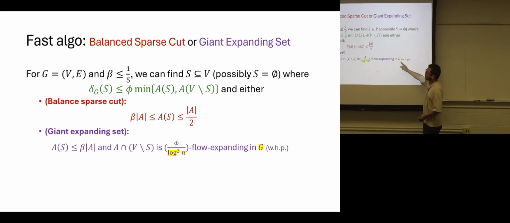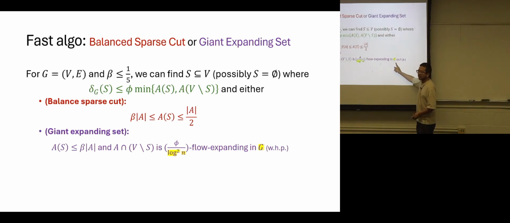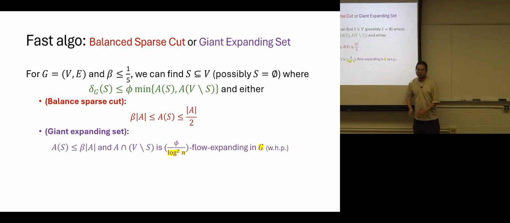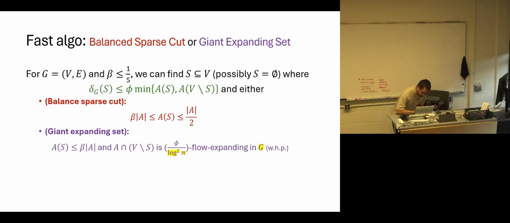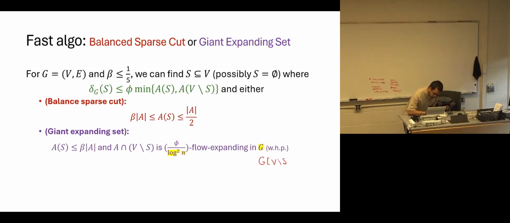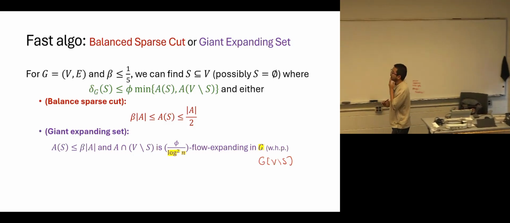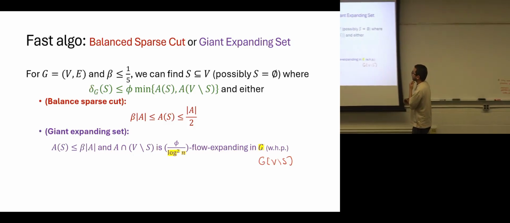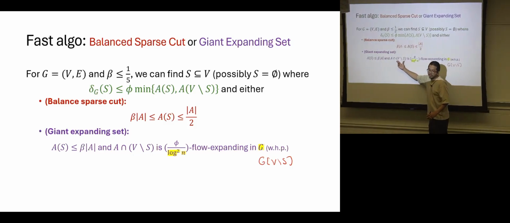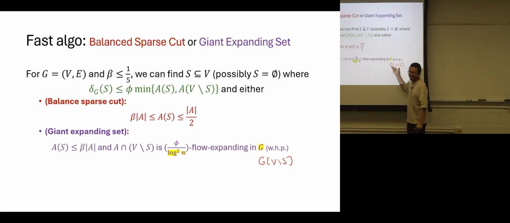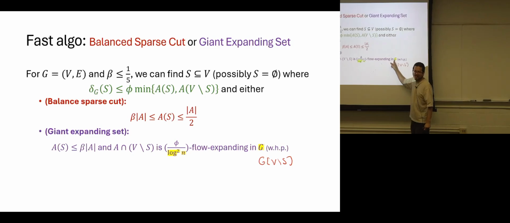But the more important thing is that here, this is expanding in G, not in the component. We want A in this component to be expanding in this component, but we're only going to guarantee this one.